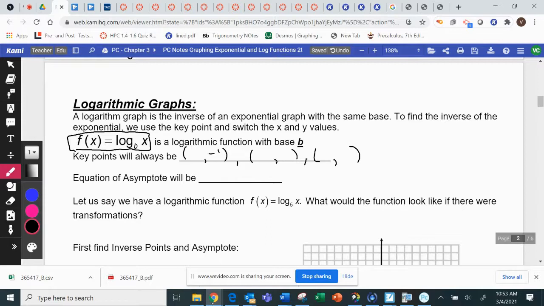So I'm going to put my -1 here, my 0 here, and my 1 here. So my first one will be 1 over b, my second one is going to be 1, and my third one will be b. So it's just backwards of what it was for the exponential. The equation of the asymptote will be x equals 0 until we have transformations.